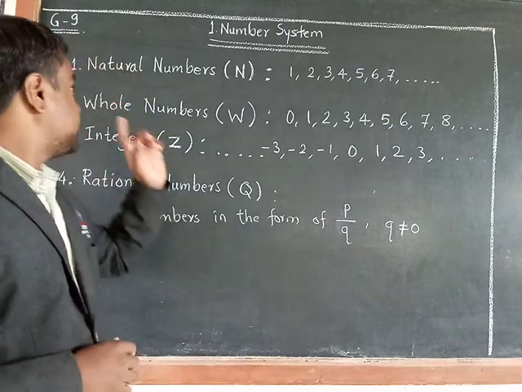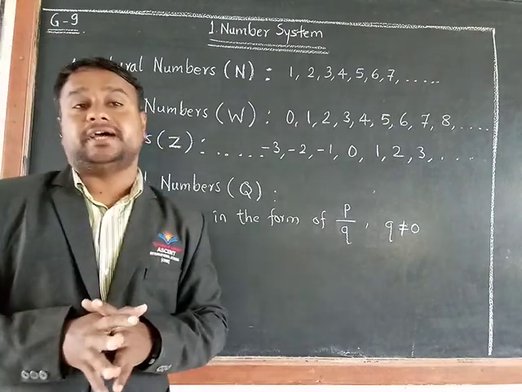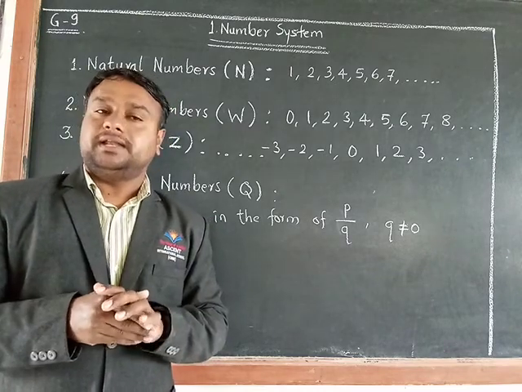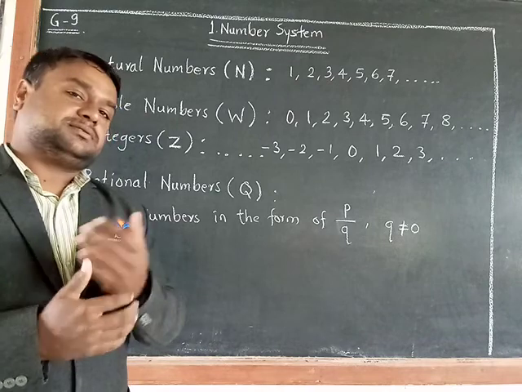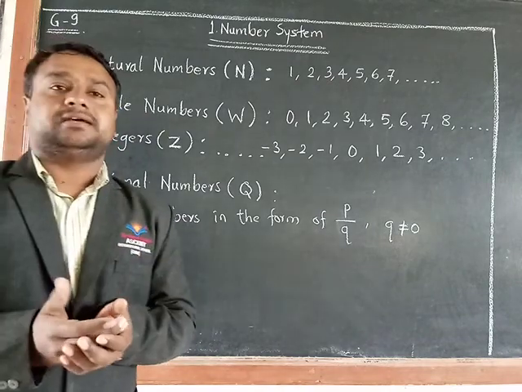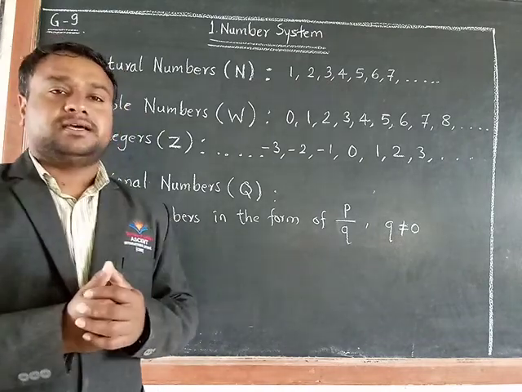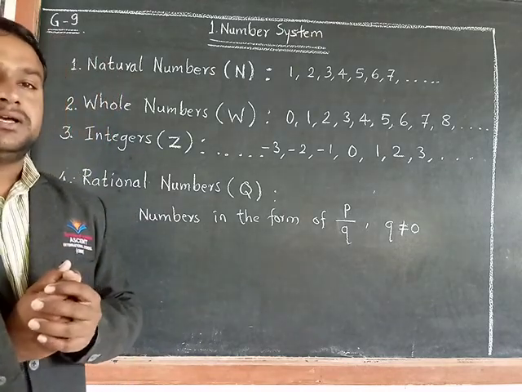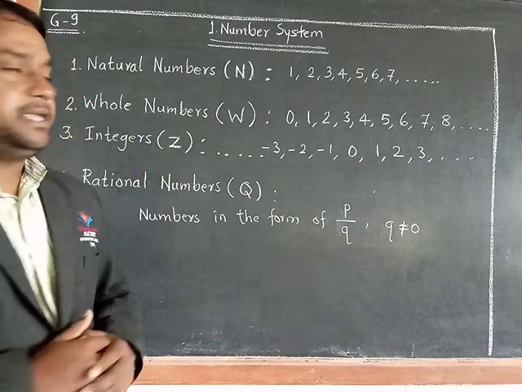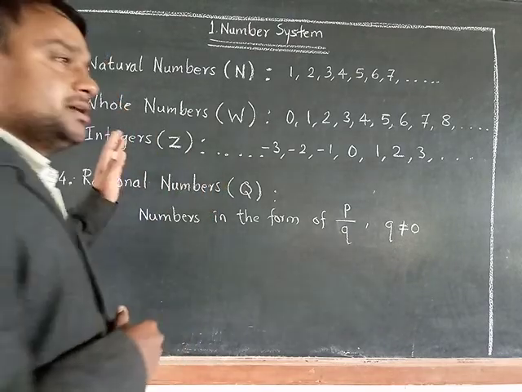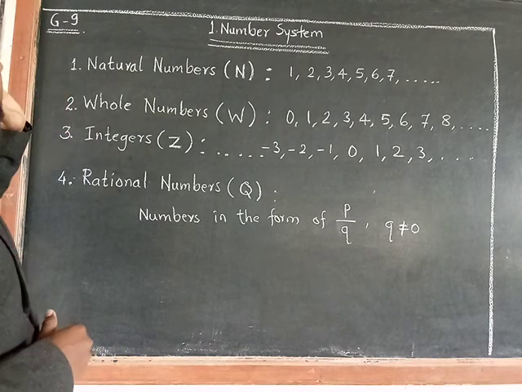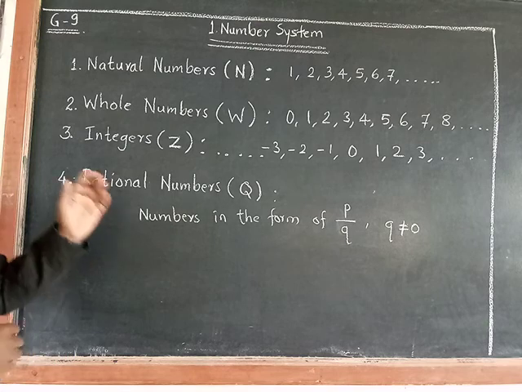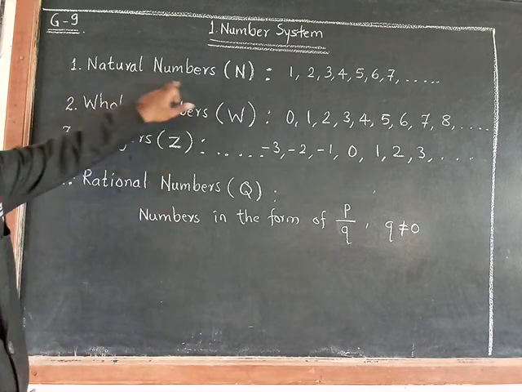As you know, all of you know about the number line. If you think that you are walking on the number line and collecting numbers, then I think you have already learned some types of numbers, which I will write on the board. First, you can see natural numbers.